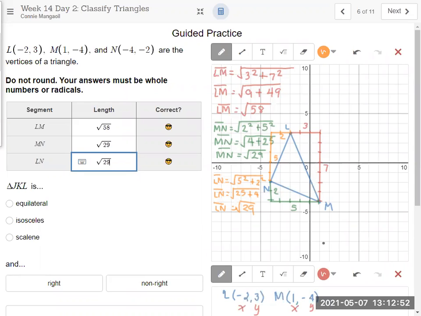If you practiced the lesson from last Tuesday, this should be just as easy. So let's look at the sides. One side, LM, is square root of 58.